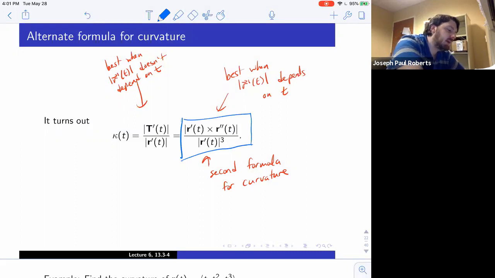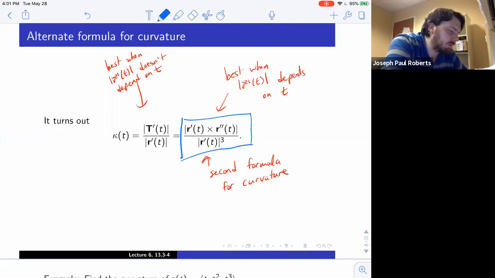Which one should it be? I'd say if you're only going to do one of them, go with this second one. I think it's safer to do this second one.